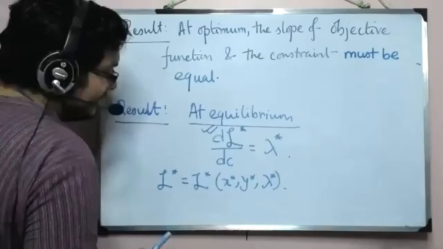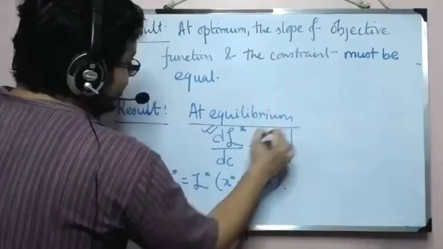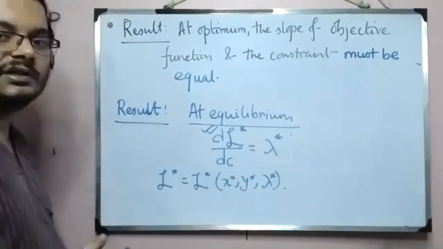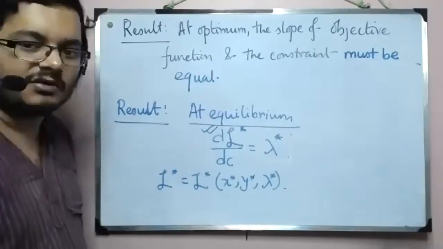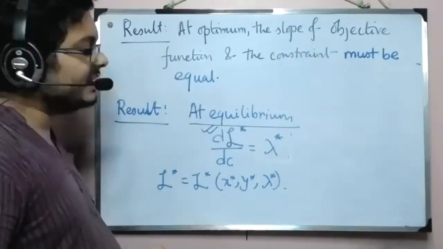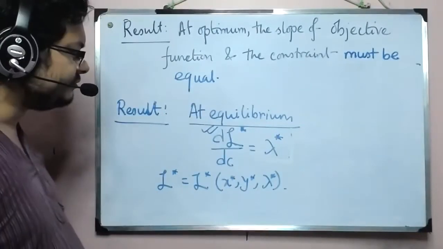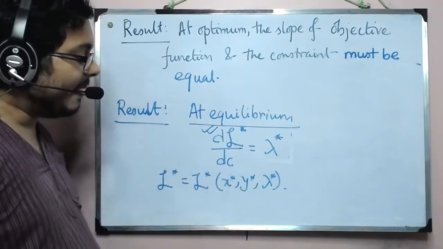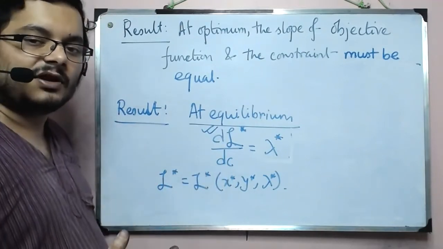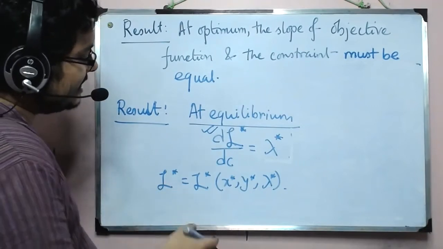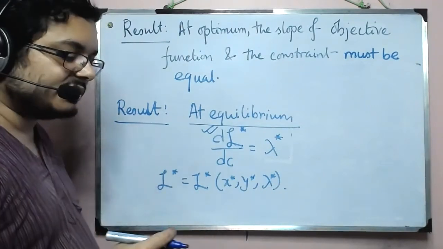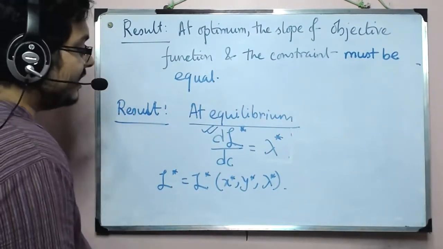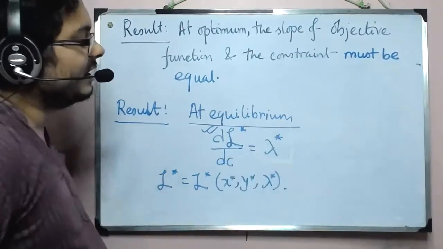Second, lambda star tells us that if I change the value of C by a very small amount, which is why I said in the proximity of the equilibrium, I'm using this because of this differentiation, then the resulting change in the optimized value of script L star will be connected by lambda star.